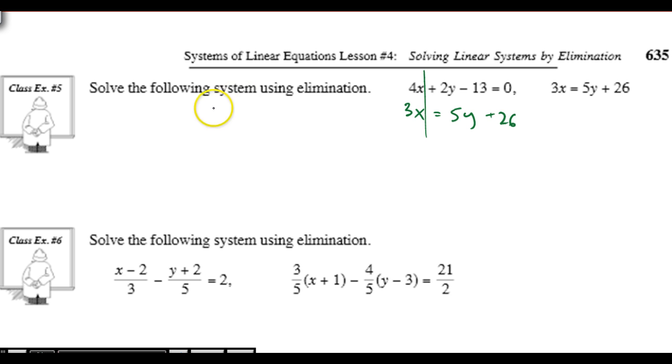Over here, 4x plus 2y minus 13 equals 0. And then for the second equation here, I want to rearrange it so it looks the same. So 3x, and then it's going to be negative 5y minus 26 equals 0. That's okay as long as everything's in the same spot as the top one.